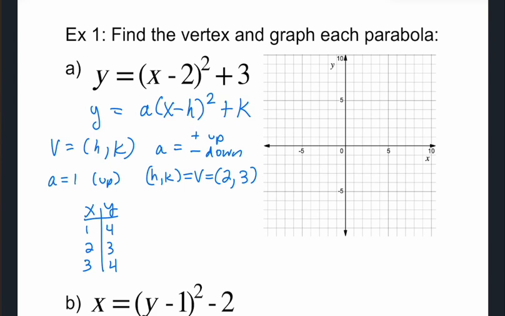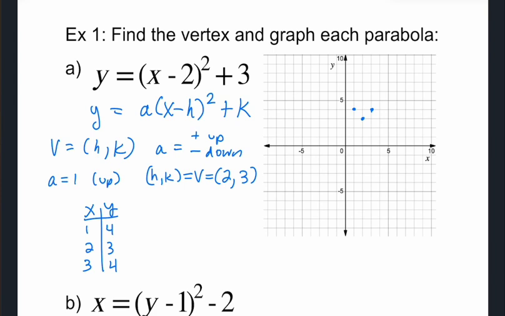So then graphing it is pretty straightforward. We're going to go over to (1, 4), (2, 3), and (3, 4). If we happen to plug in 0, we do get 7.